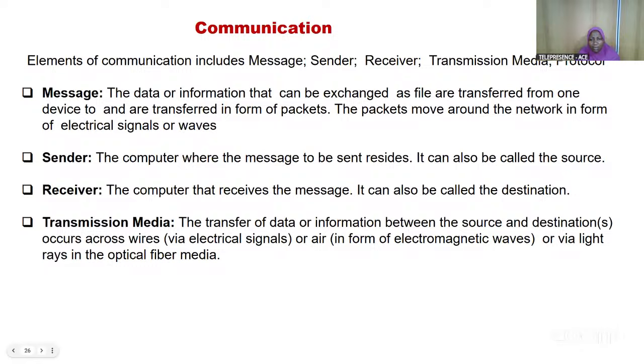Talking about telecommunication or communication, which is another key player in office automation. When you have telecommunication or communication going on, that means you have particular data or information that you want to work with; that is the message.